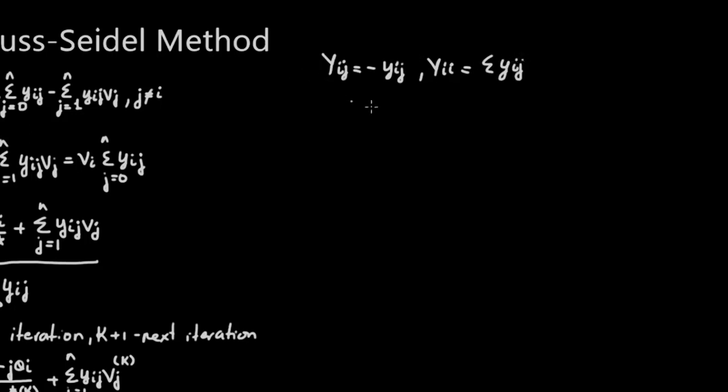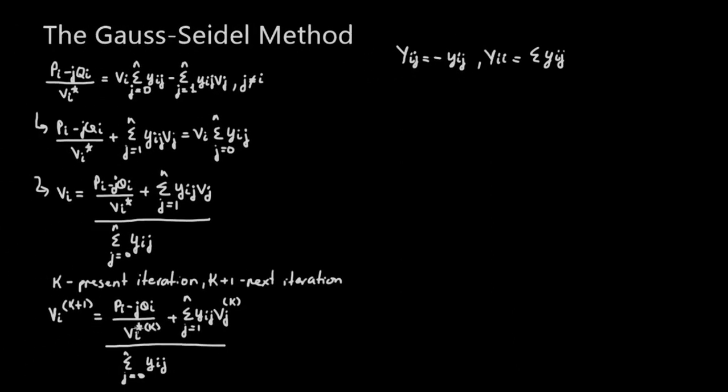So these terms on the left side of the equal sign are capital Y's, the terms in the bus admittance matrix. And the terms on the right side that have a lowercase y are the actual admittances for a transmission line. And again, this is all stuff that we looked at before in the bus admittance matrix lectures.